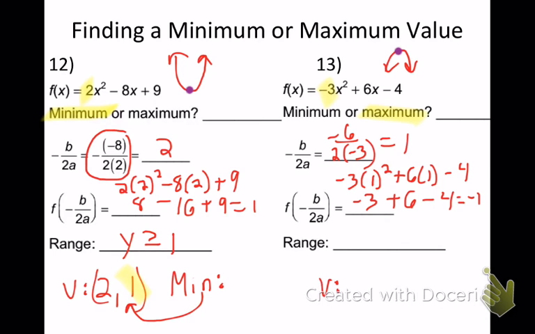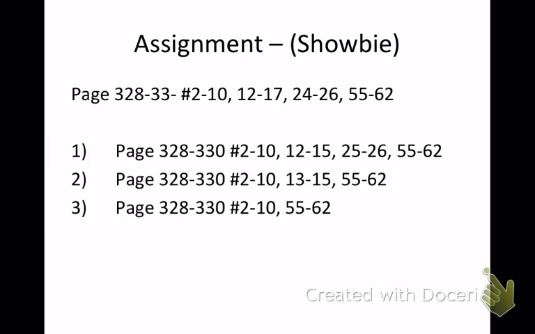So my vertex is 1, negative 1. Which means we'll have a maximum value at negative 1. So if it's a max, I'm going to say y is less than or equal to negative 1. And that's it. So again, a lot of process today. Here's your assignment.